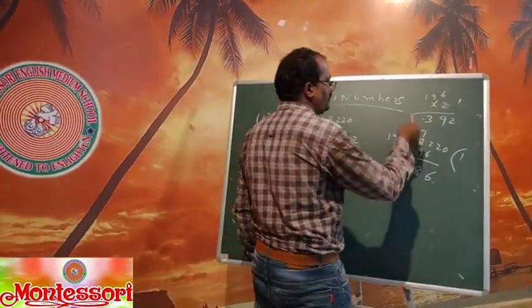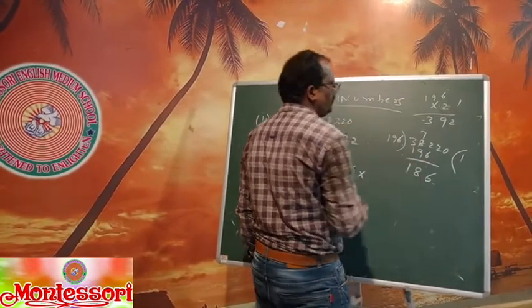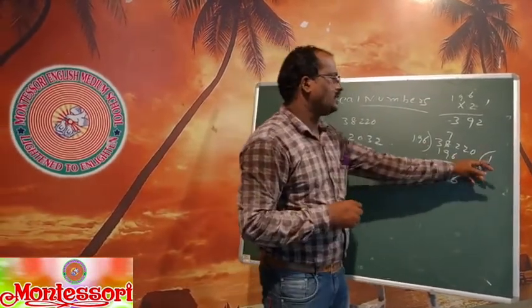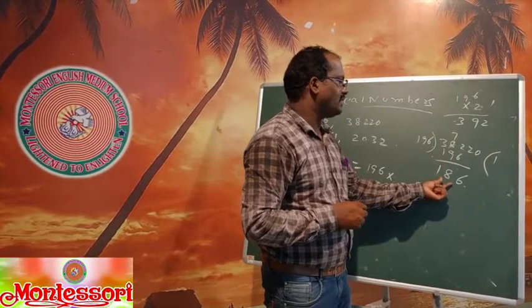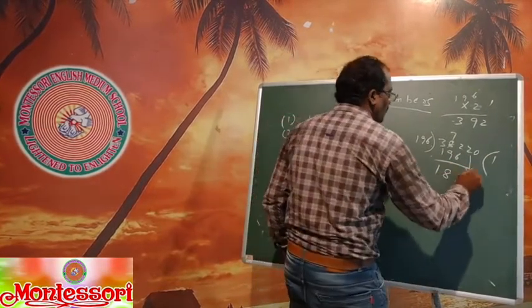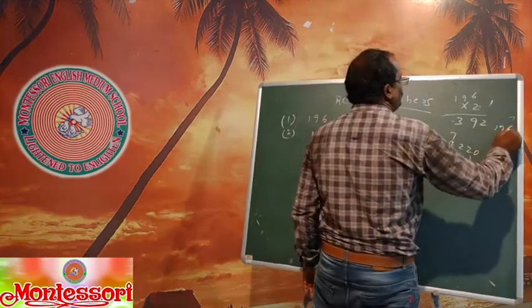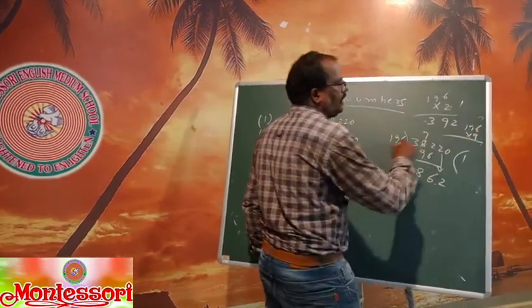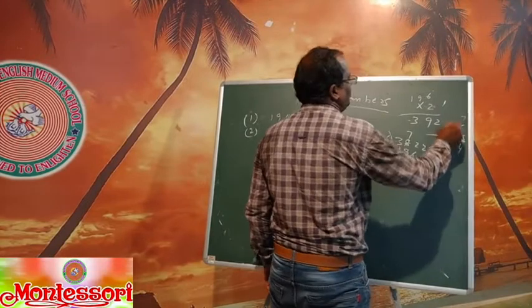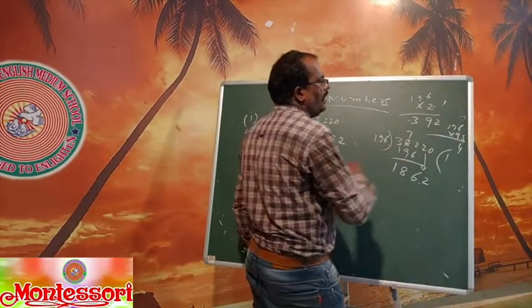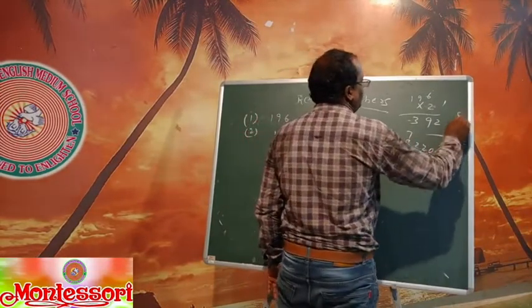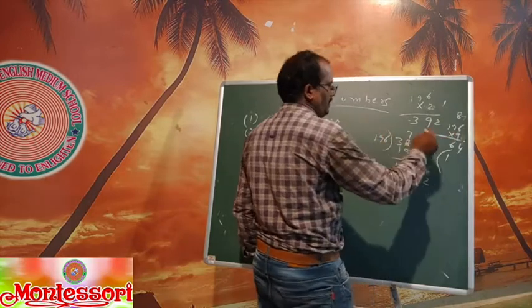And here what is left? 1. So 196 one time. So here 186. Now you carry the 2 here. Now 196 into 9. 9 sixes are 54, 9 nines are 81, 81 plus 5 is 86, 9 ones are 9, and 7.